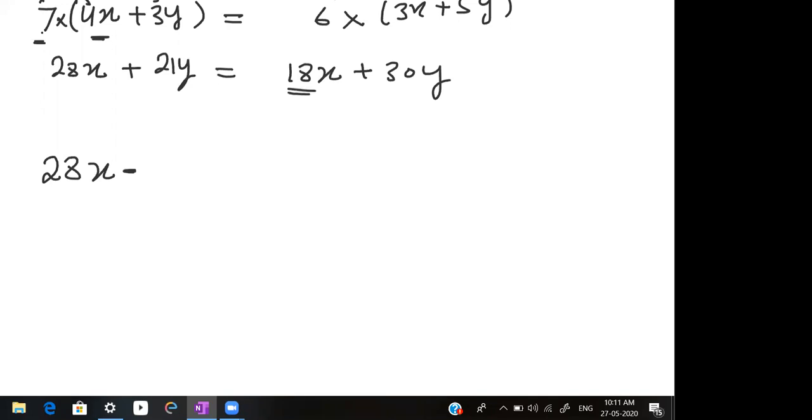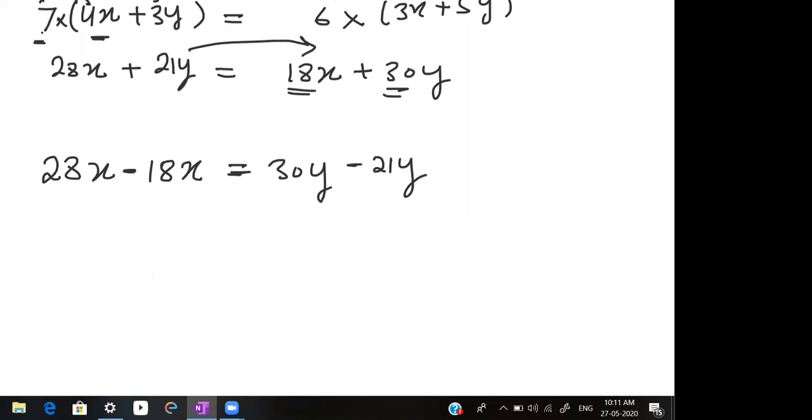When you will bring it here, it will become negative. Okay, so 28x minus 18x is equal to 30y is in its place, and just transfer 21y there, so minus 21y. Okay, now subtract 18 from 28, you will get 10x, and 30 minus 21 is 9y.